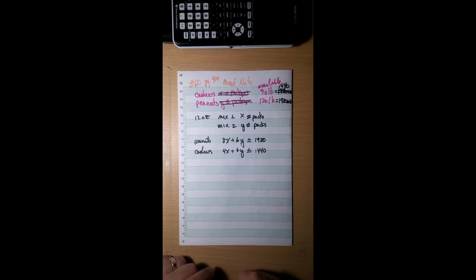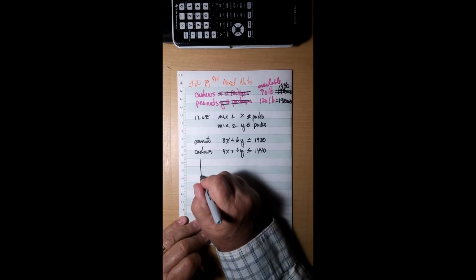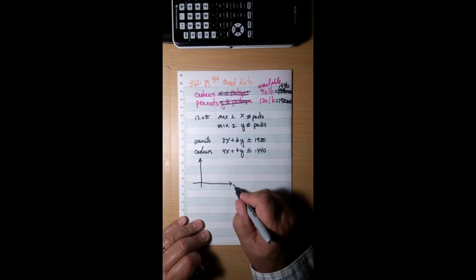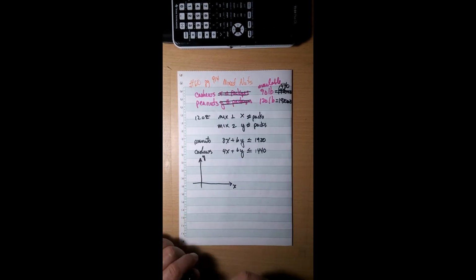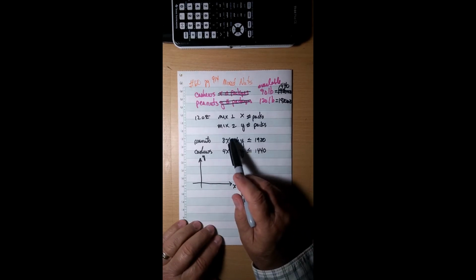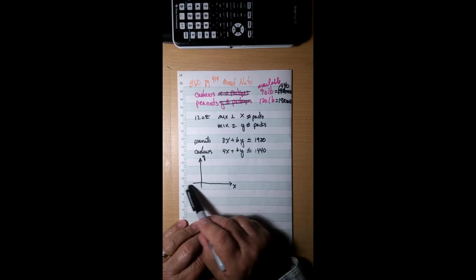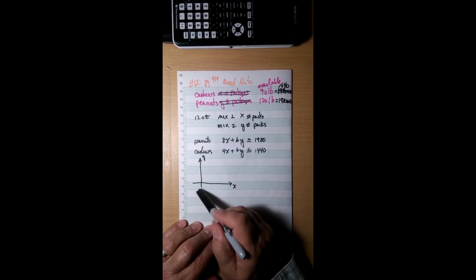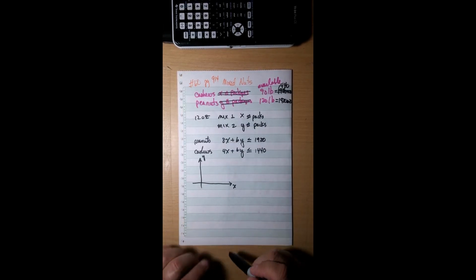Those are the two restrictions on the cashews and peanuts, and that's what we're going to graph. We only use the first quadrant because you can't have a negative number of packs for Mix 1 or for Mix 2.